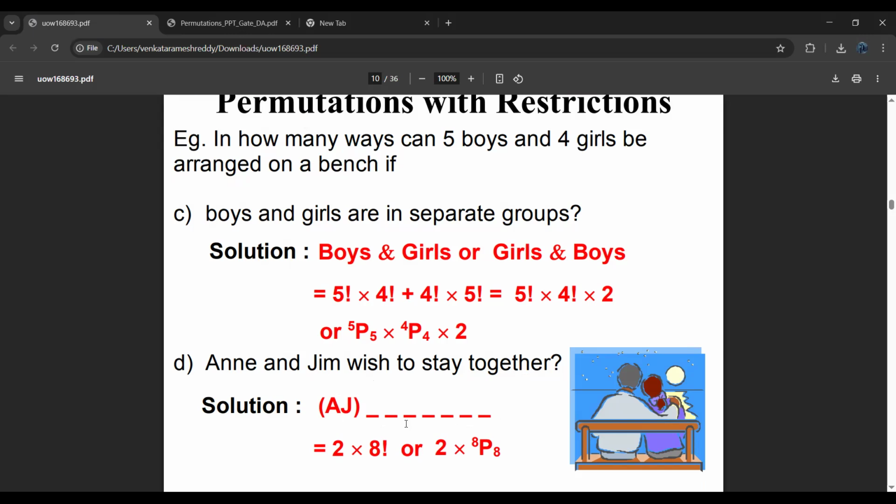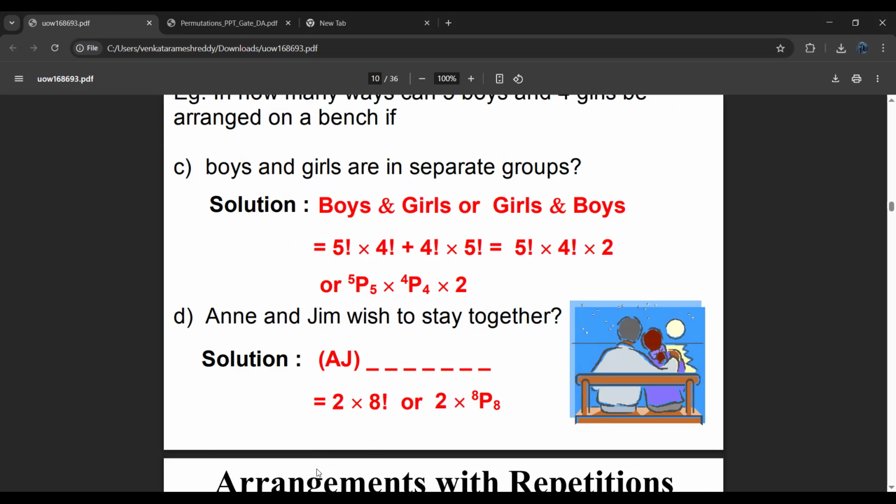Like that, we have eight arrangements, eight factorial ways. And since the two can stay together in two orders, it is 2 into 8 factorial.